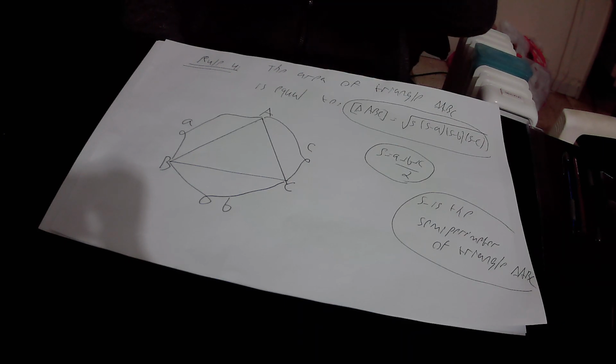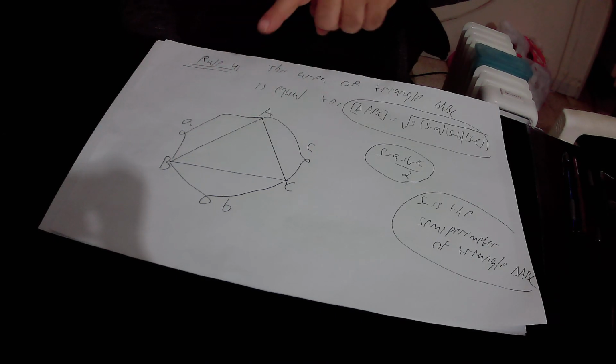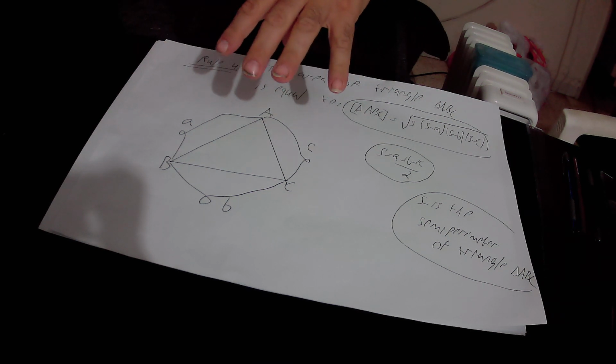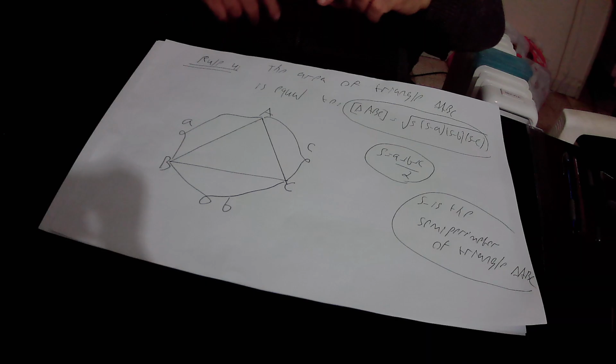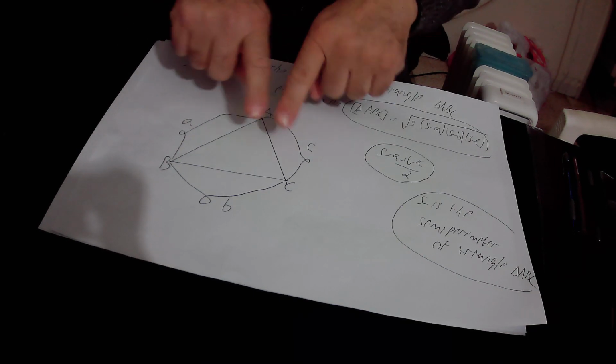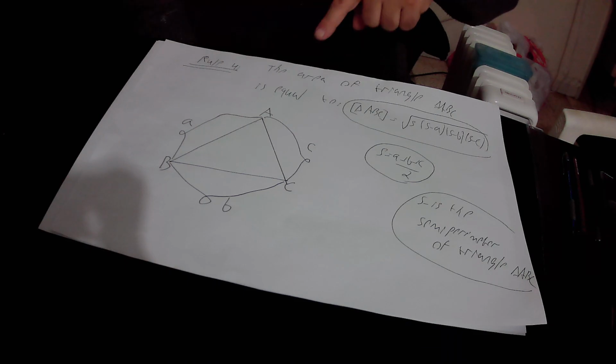S is the semi-perimeter of this triangle, that is to say it is the perimeter over 2. The perimeter of any triangle is the sum of its side lengths. Here we have in the drawing triangle ABC. We know that the length of side AB is equal to A units, side BC equals B units in its length, and side AC equals C units in its length.